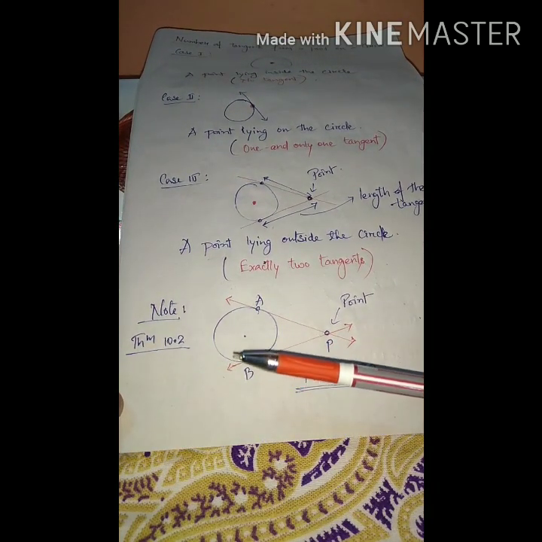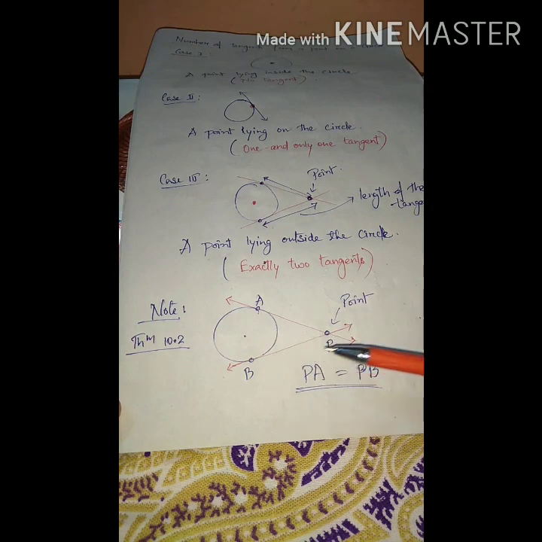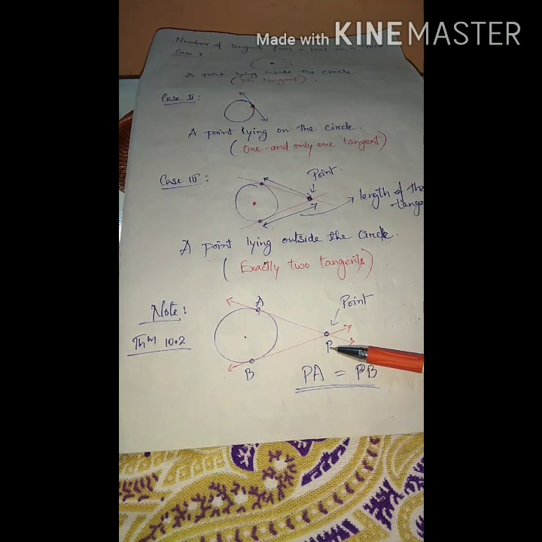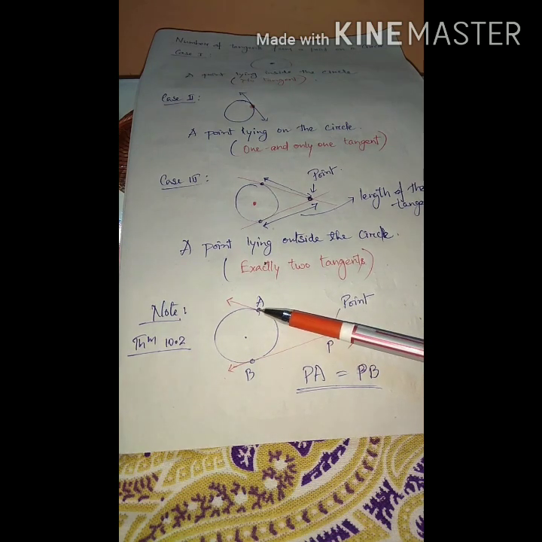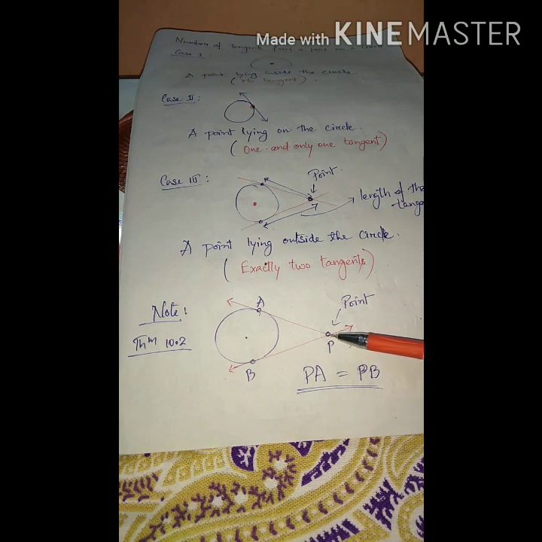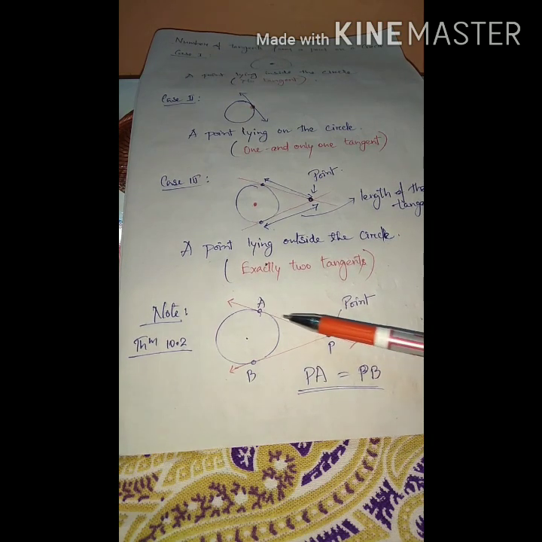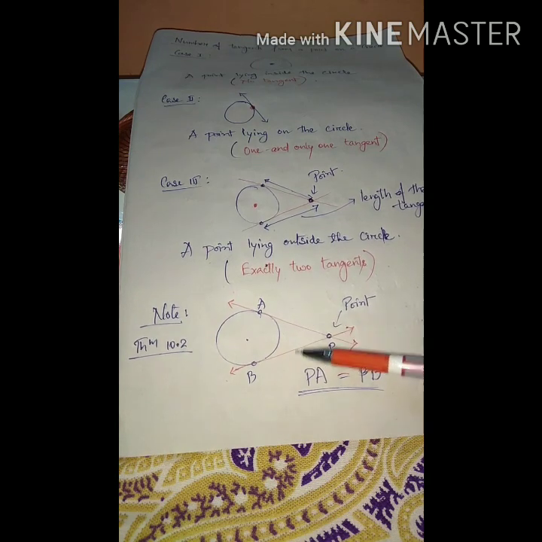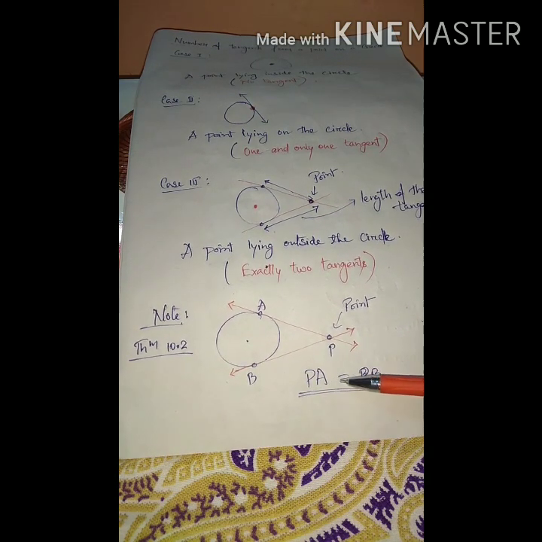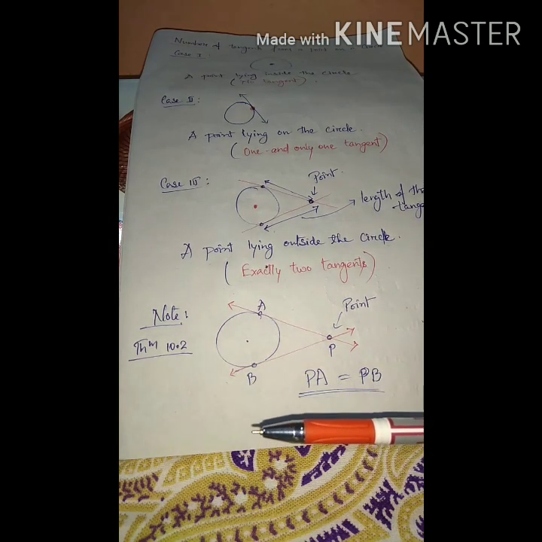The main statement of theorem 10.2 is this: if we draw two tangents from the external point, here the external point we mentioned as P, and the points of contact we mentioned as A and B, then obviously PB and PA are the lengths of the tangents, and these two lengths are always equal. So we write here PA equals PB. Is it clear? This is theorem 10.2.